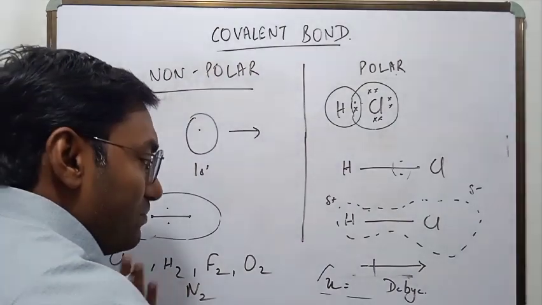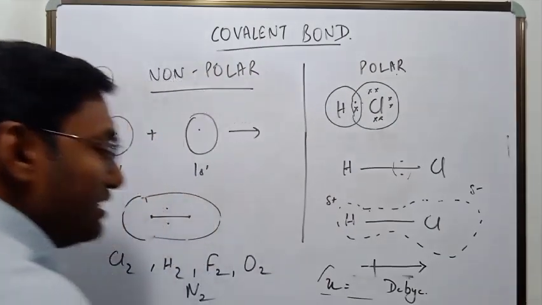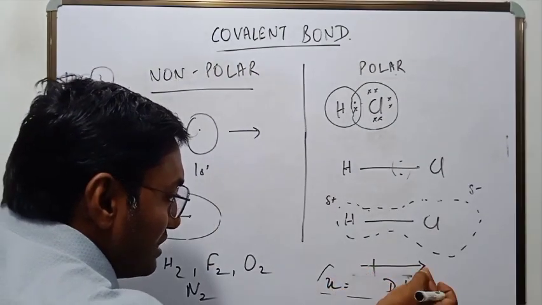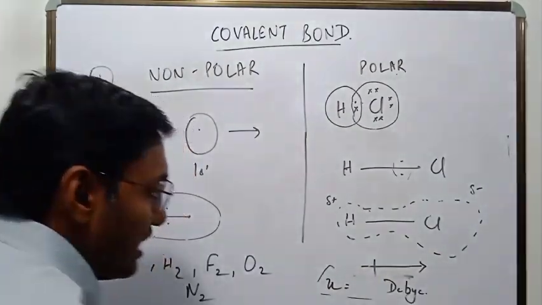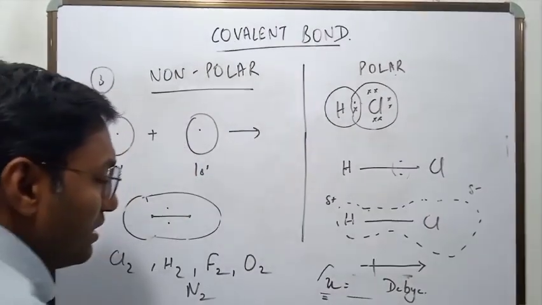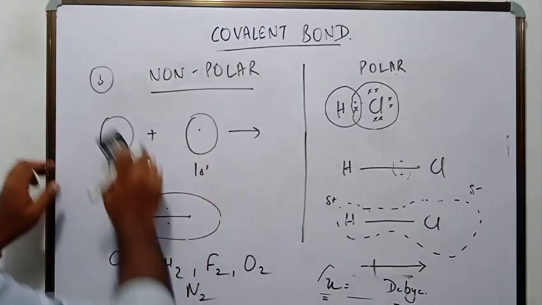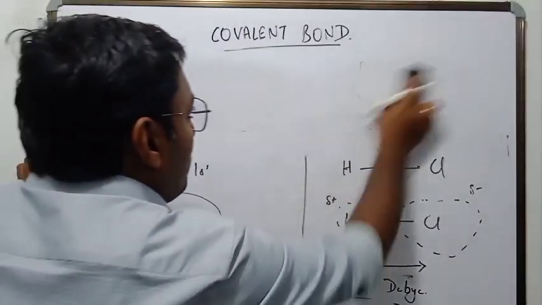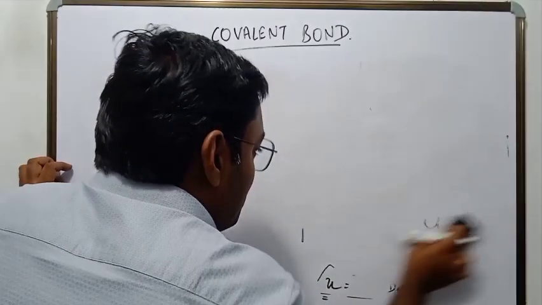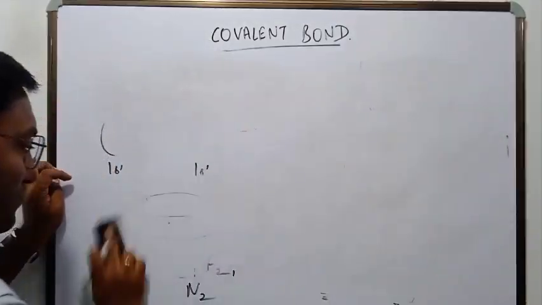This polarity is along the bond length. That is, if you go from this side to this side, negative charge would increase. This is expressed by dipole moment, the unit of which is debye. So this is the third point on covalent bonds.